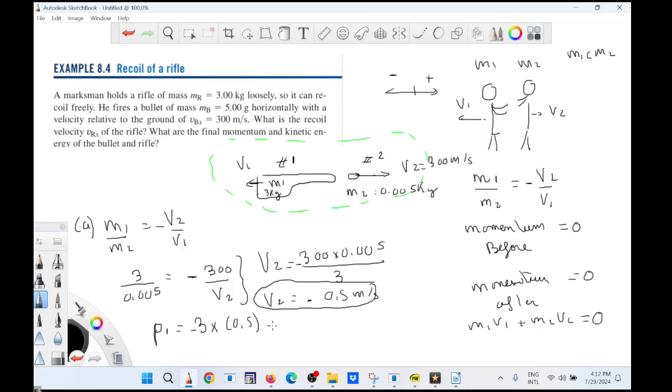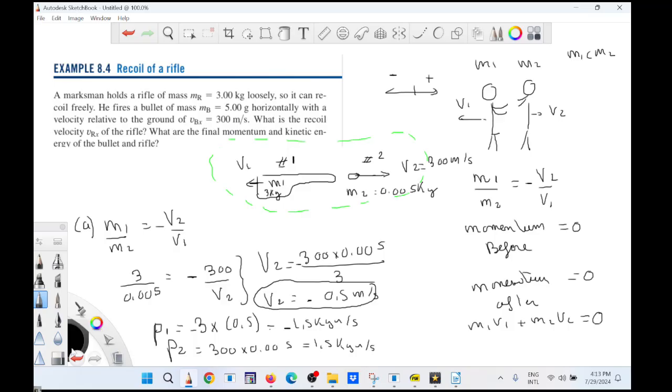So the momentum will be minus 1.5 kilogram meter per second. The momentum for the bullet is 300 times 0.005 and you get 1.5 kilogram meter per second. So the momentum will be the same because you have conservation of momentum.